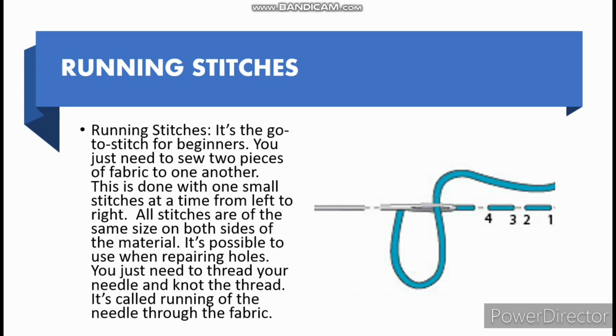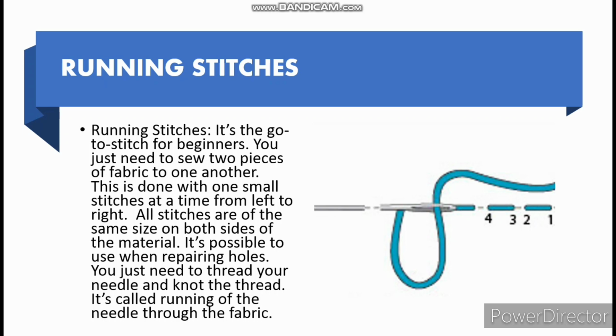All stitches are of the same size on both sides of the material. It is possible to use it when repairing holes. That is, if you have a hole in your hose or you have to patch up your clothes, it is easy for you to use running stitches.